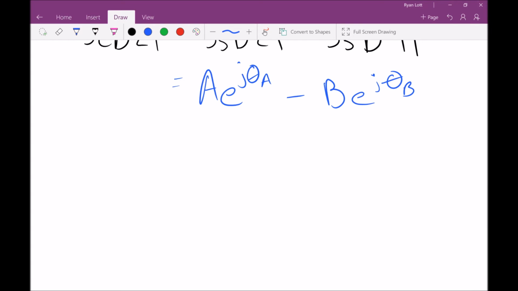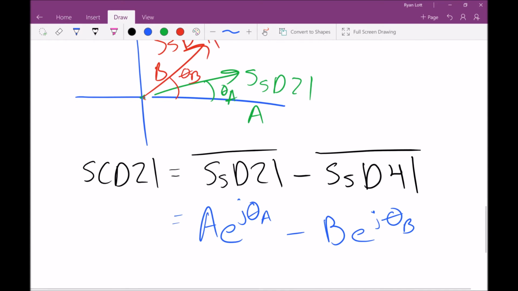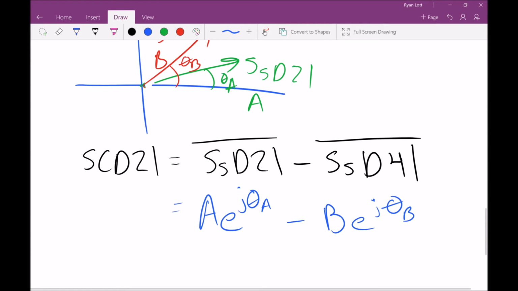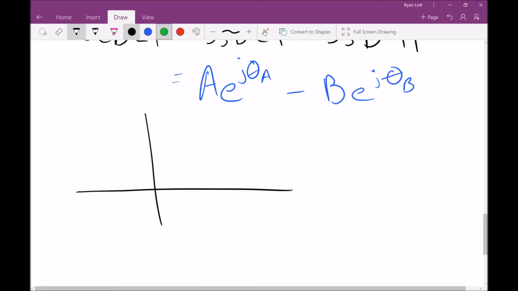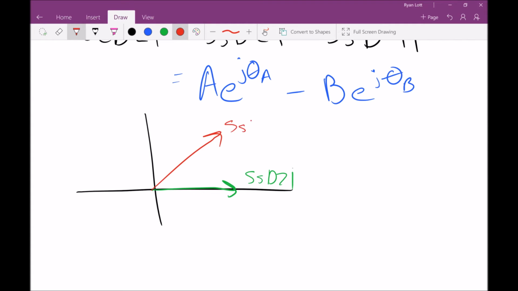So now let's apply another trick. For mode conversion, we really don't care about their absolute angles. We really just care about the angle relative to one another. So let's again redraw our phasor plot. Now let's pretend that this first SSD21 phasor is completely real. There's no imaginary part. And that SSD41 has an imaginary and real part.